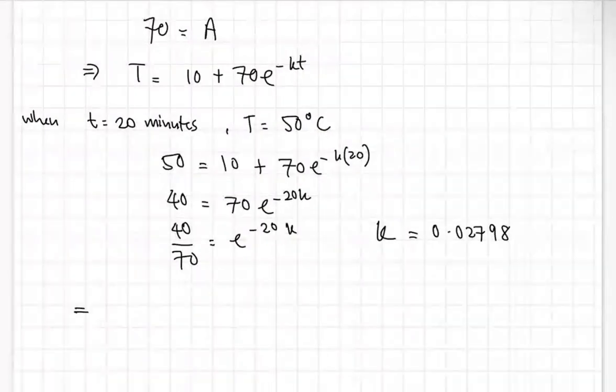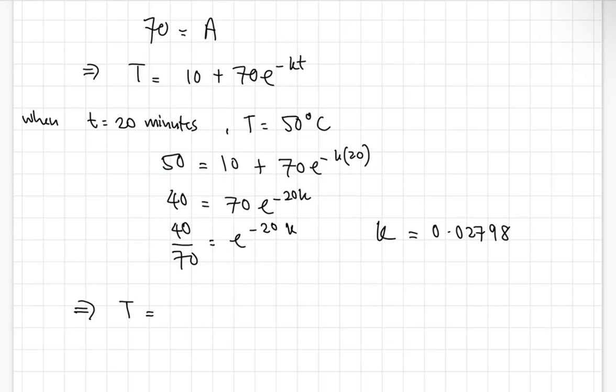This implies that the temperature is equal to 10 plus 70 e to the power of minus 0.02798 multiplied by t. Okay, correct.